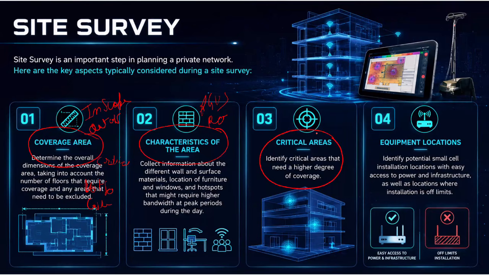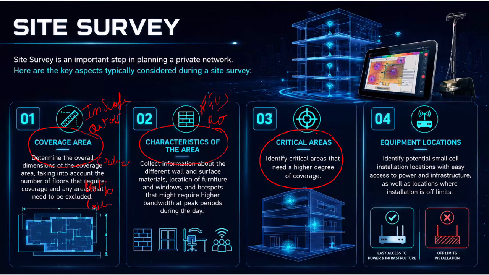With the help of site surveys, we have to ask many other questions. When we go to the site, we have to ask things like, is power available? Can we provide backhaul connectivity? Is there a fiber route? Can we run the cable from the network room to that location? Right? Is the ceiling accessible? Are there any installation restrictions? And very importantly, can the maintenance team easily access that equipment later if troubleshooting is required?